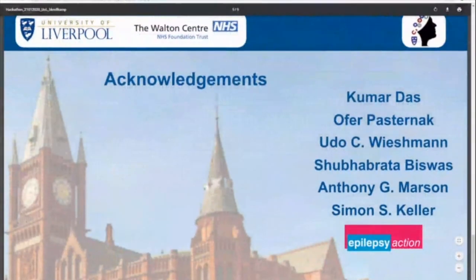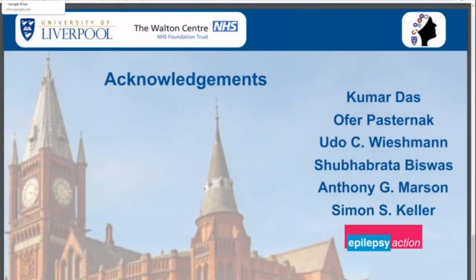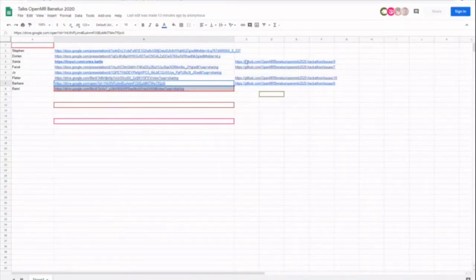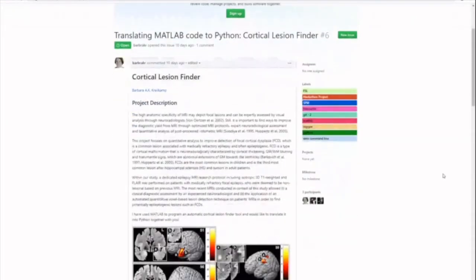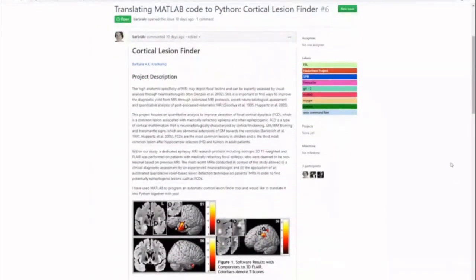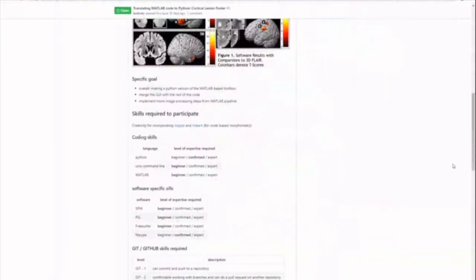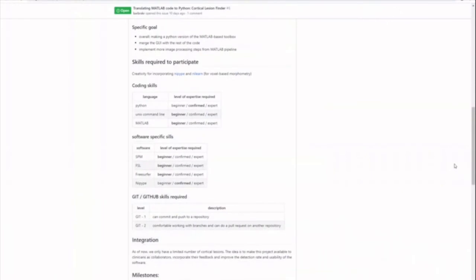I also have a GitHub issue. We've already worked on this at the OHBM hackathon, so we've implemented some steps already: the DICOM to NIFTI conversion and some intensity correction.